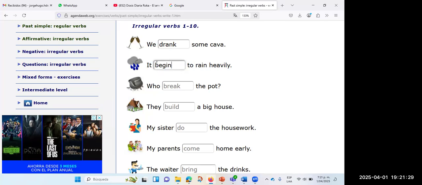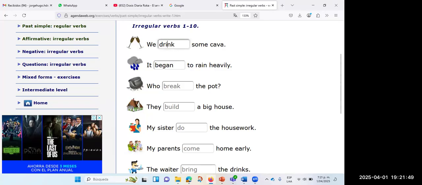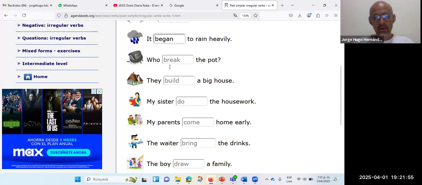Yes, that's right. So we change it to began. In some cases, these irregular verbs change only a little. Drink, drank, one letter, no more. Begin, began, one letter, no more.